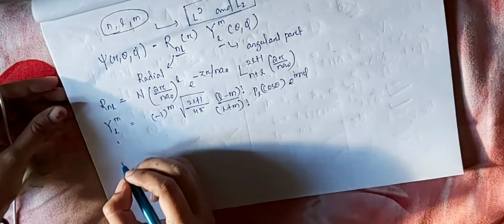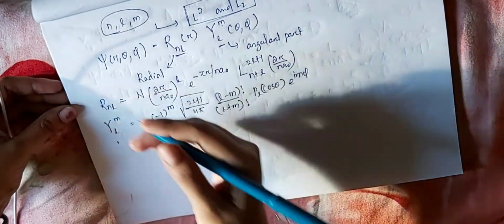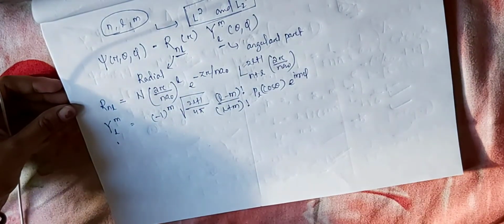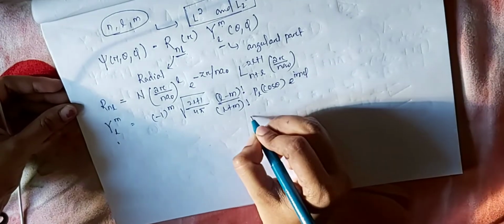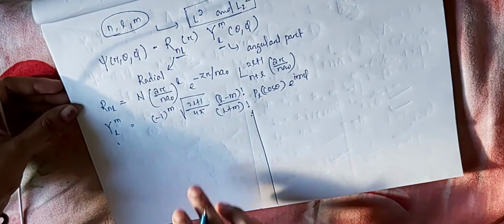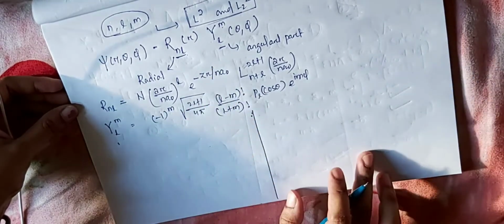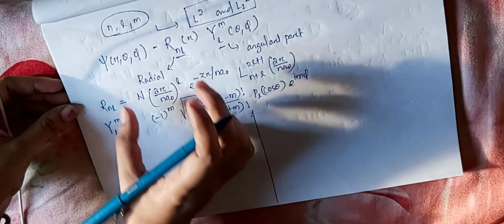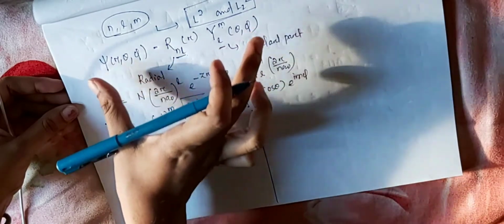So I will give you the concepts of how to find the azimuthal quantum number, principal quantum number, and magnetic quantum number if there is only the wave function.